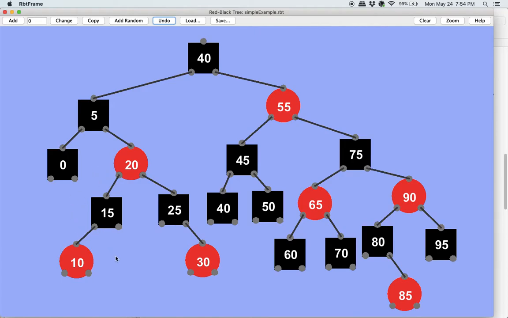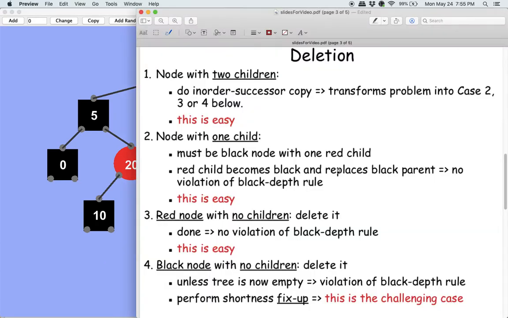So if I have a black node with a red child, and I want to delete the black node, I simply replace the black node with its child, but then I color this guy black. Okay, so this guy goes away. And that restores it to a legal red-black tree. From the shape of the tree point of view, I've just deleted a red node. And so I'm still black balanced, I don't have a red-red problem, etc.